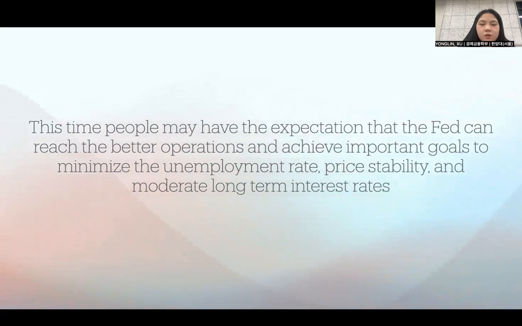And I want to say that the fact is, operation twist seems to be very risky. However, we can see that the Fed handled it very successfully, and the U.S. economy is continuously growing after using the operation twist.